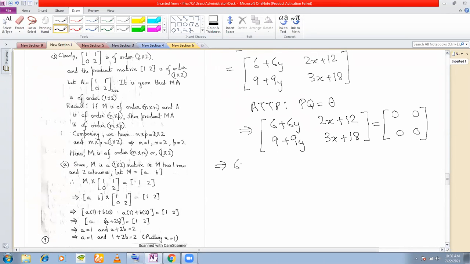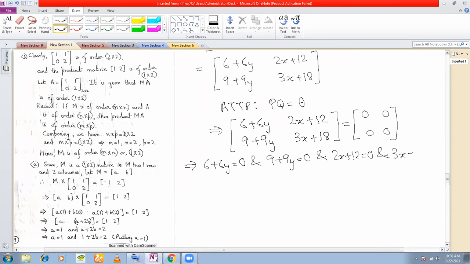So that means 6 plus 6y must be equal to 0, and 9 plus 9y must be equal to 0, and 2x plus 12 must be equal to 0, and 3x plus 18 must be equal to 0. So from here you get y is equal to -1, and here you get y is equal to -1, and here you get x is equal to -6, and again you get x is equal to -6. So what are the values? Hence x is equal to -6 and y is equal to -1.